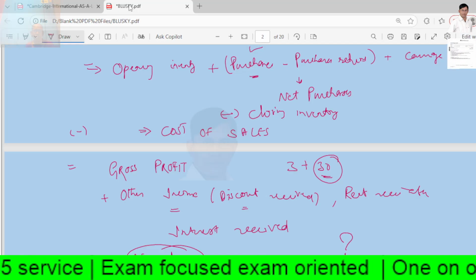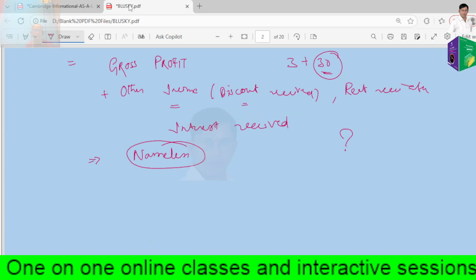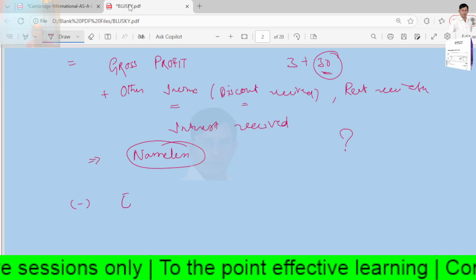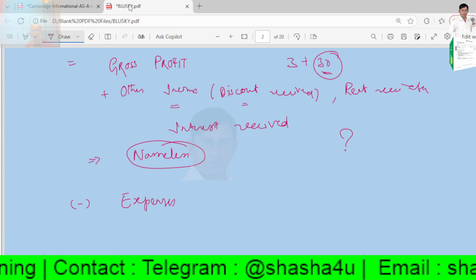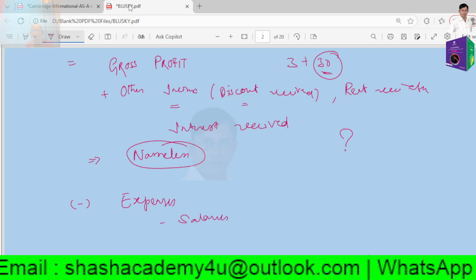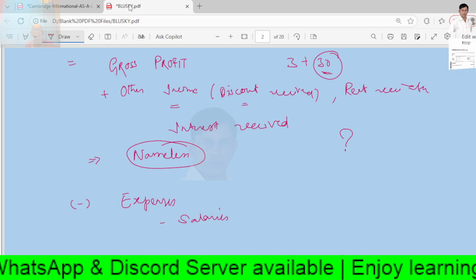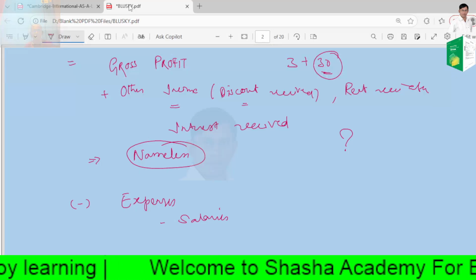Question mark. Then from that, what we need to do is take out expenses. What are those expenses? Maybe we would have paid salaries. These are all the other expenses incurred after the sale. What is cost of sales?